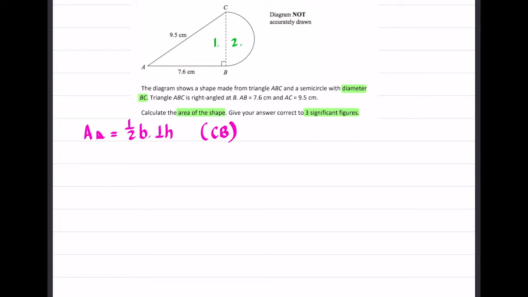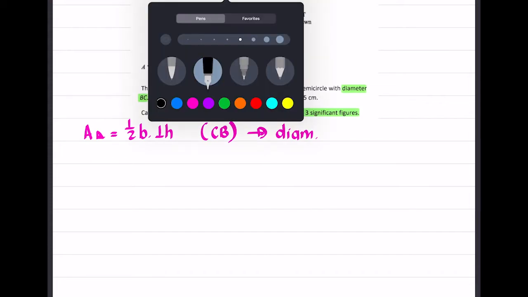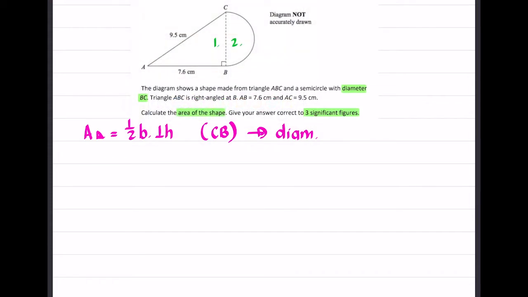So we need CB so that we have the base and the perpendicular height. CB will also be the diameter of the semicircle, or of the circle, and we can divide that by 2 to get a semicircle. So we have to start by calculating BC or CB.